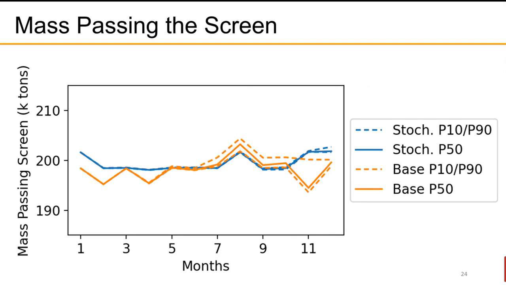In orange, we have the base case with the regression model. And in blue, we have the stochastic schedule with the risk profile based on our sources of uncertainty. We can see that both schedules are fairly consistent, and actually there's not a lot of variance in these risk profiles.